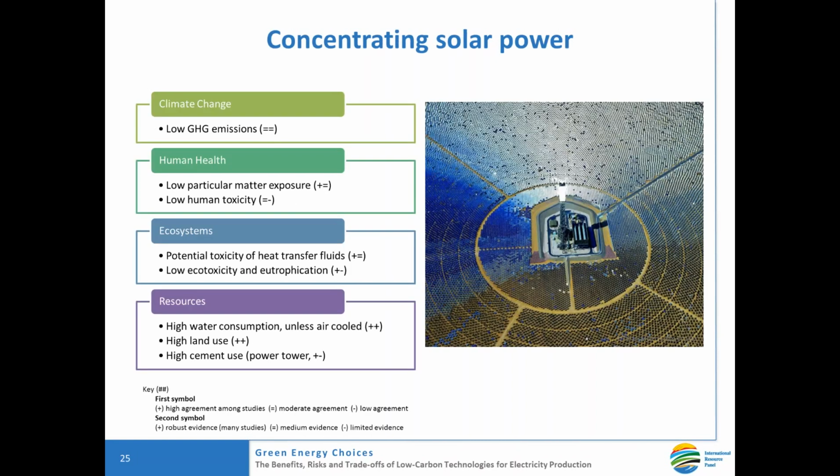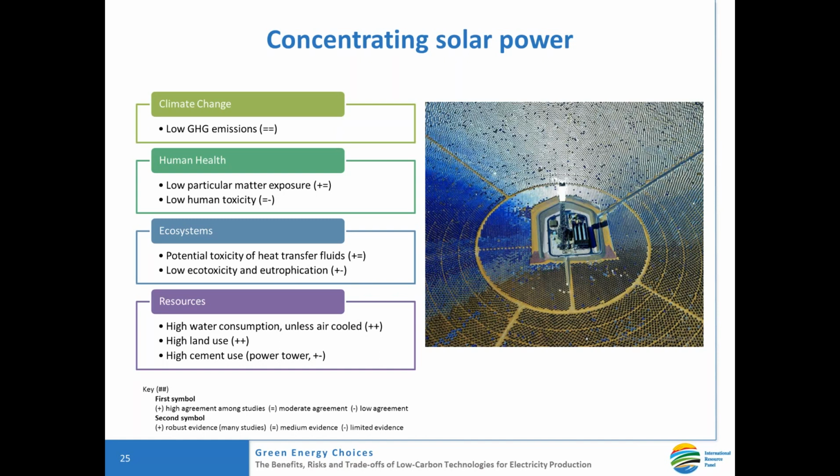Another technology for producing solar energy is concentrating solar power. It is maybe not as well known, but it is employed at large scale in Southern Europe and the southwest of the United States.